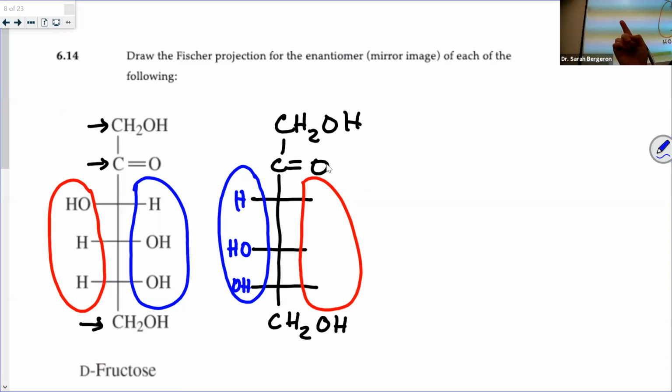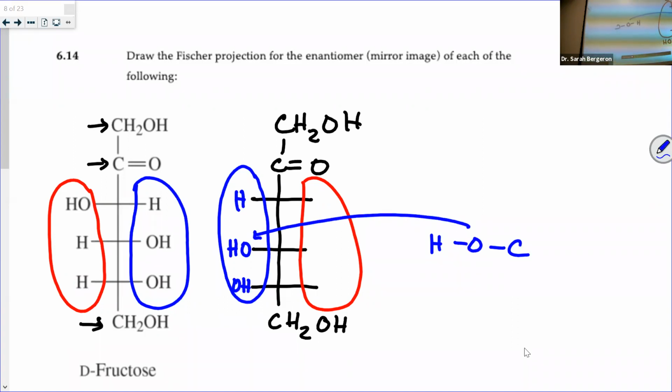The H first. So the H first. Why? Because what you're actually looking at is a carbon bound to an oxygen, bound to a hydrogen. That's what I'm showing you here. But the bottom one, if I had it like that, that would be a carbon bound to a hydrogen, bound to an oxygen. Can a hydrogen do that?